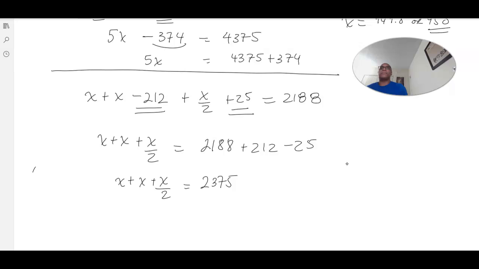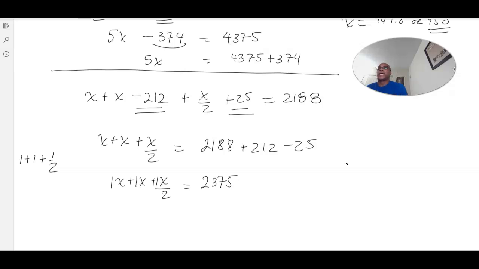Now if I'm not clearing out the fraction, if I'm adding all those x terms, this is really 1x plus 1x plus 1x over 2. And basically, I'm only concerned about the 1, and the 1/2 if I want to combine them. So that's basically 1 plus 1 plus 1.5.